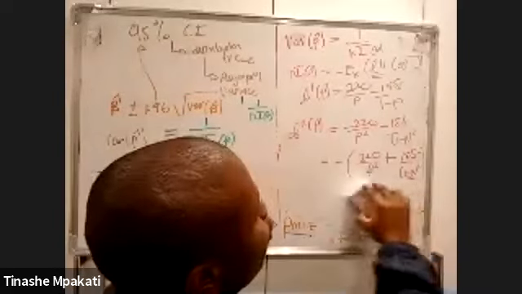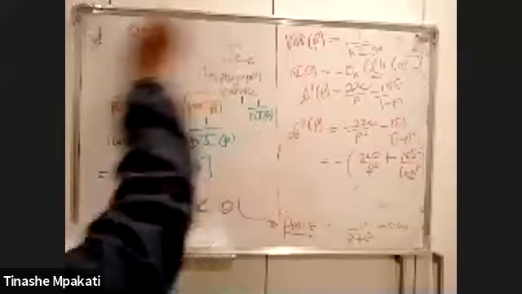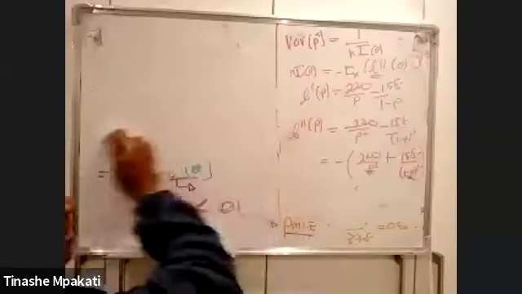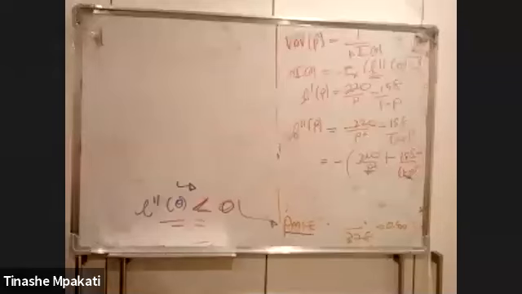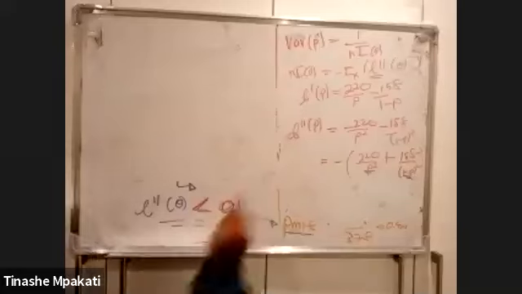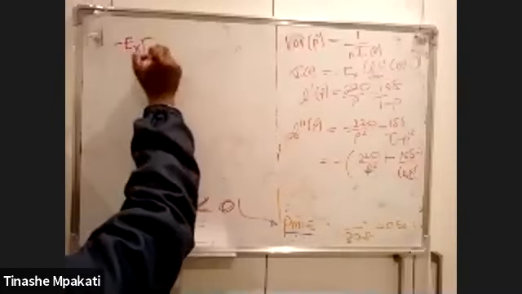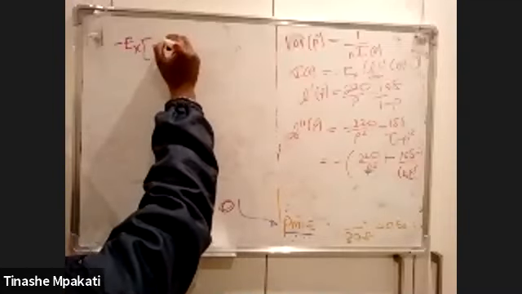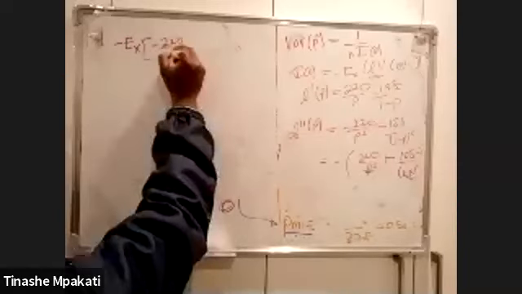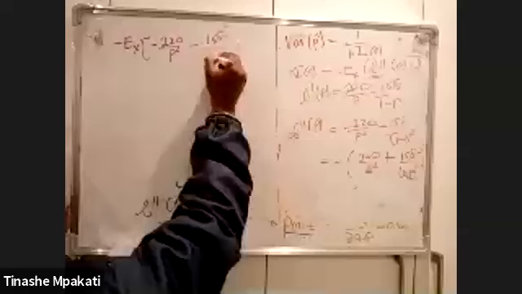What we want to do is take the negative expectation of this function, because we are in the process of trying to find the asymptotic variance of this estimate. So we are going to take the negative expectation of minus 220 over P squared minus 158 over 1 minus P squared.